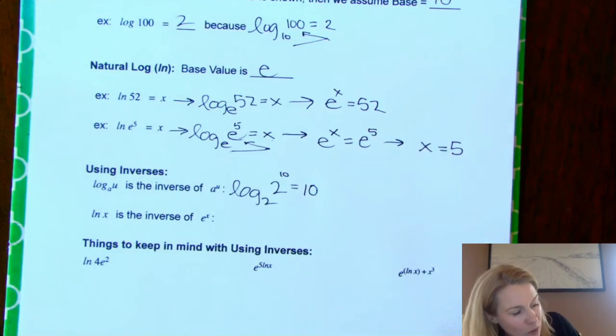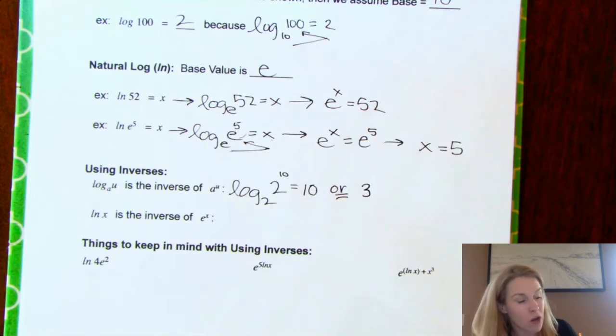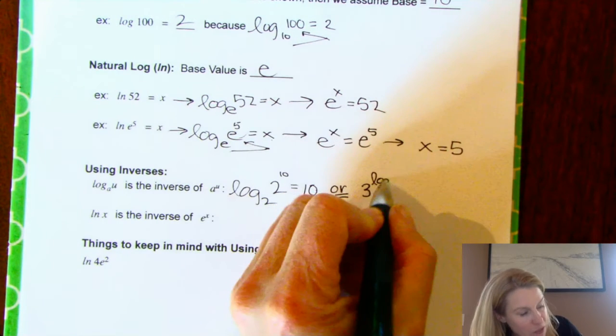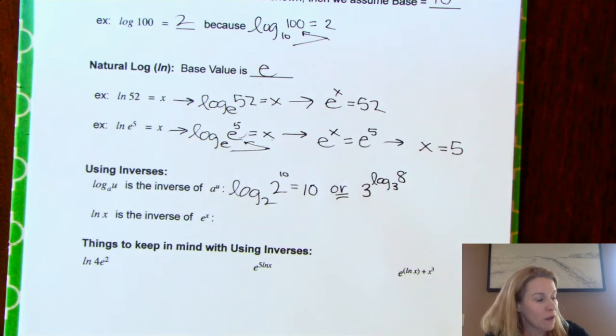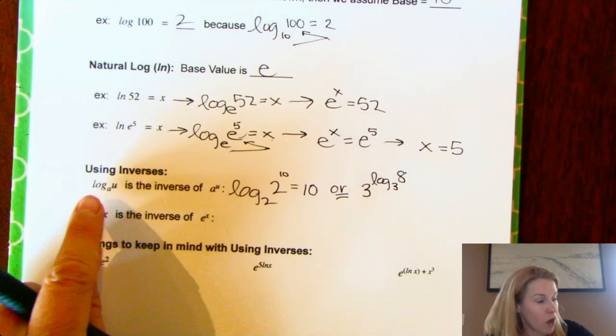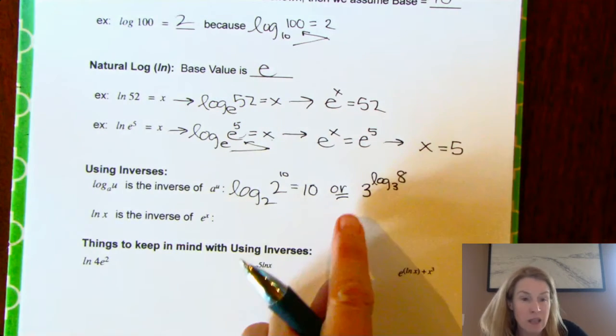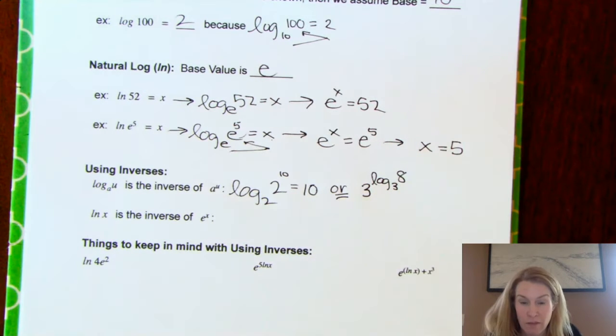Okay. Another way we can use this, kind of the other direction, is 3 to some power. 3 to the log base 3 power, let's say, of 8. Well, a to the u power is the inverse of log base a of u. 3 to some power is the inverse of log base 3 of that same value.